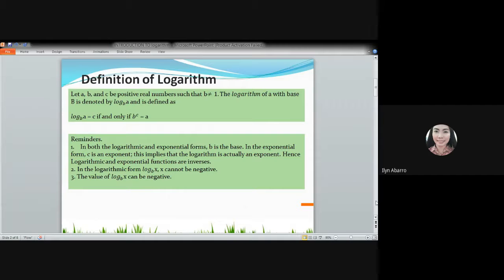Let A, B, and C be positive real numbers such that B is not equal to 1.